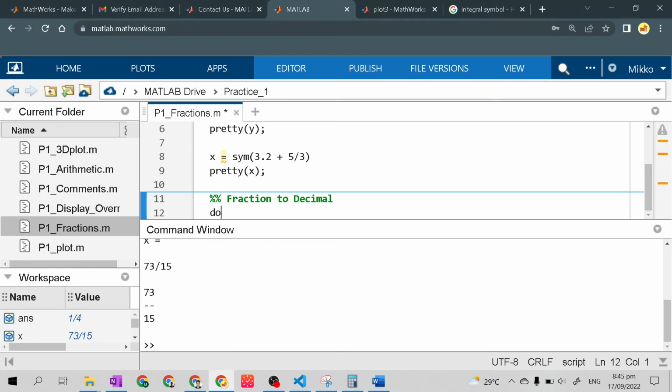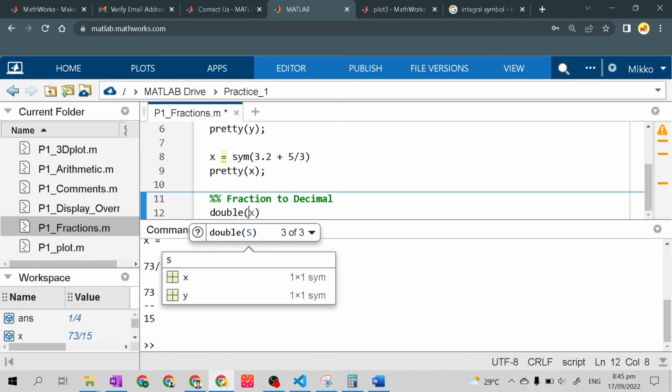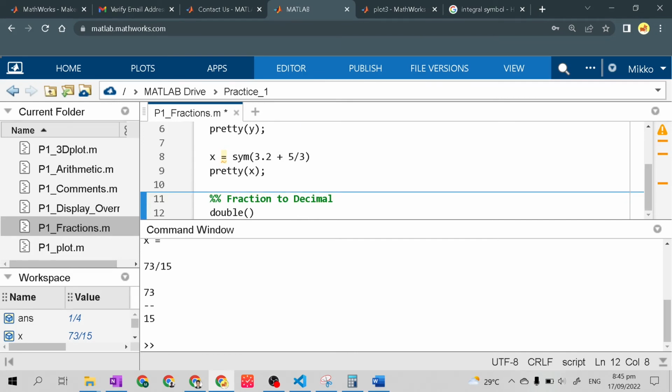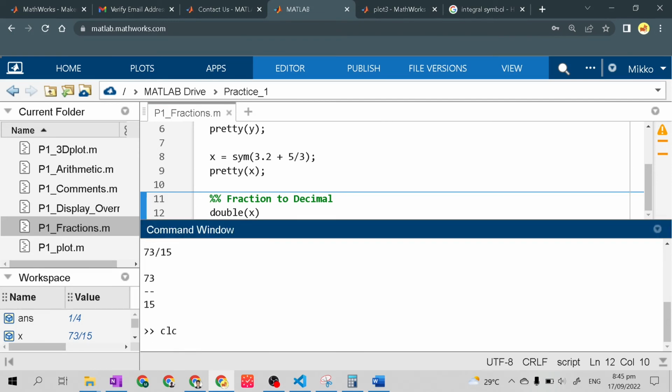You will need the syntax double, open and close parentheses. So let's convert the answer from the variable x. Then let's just CLC this.